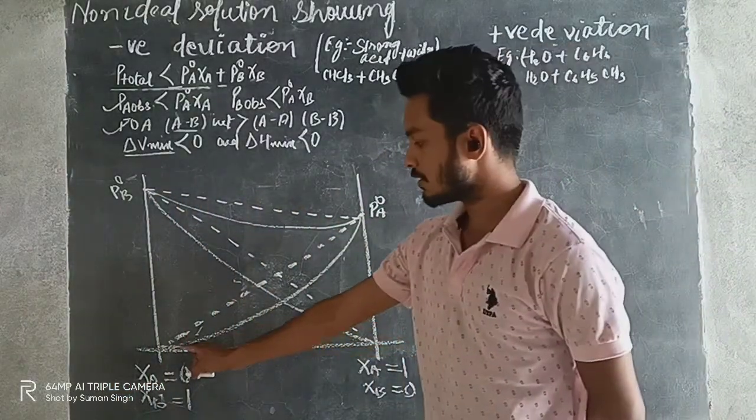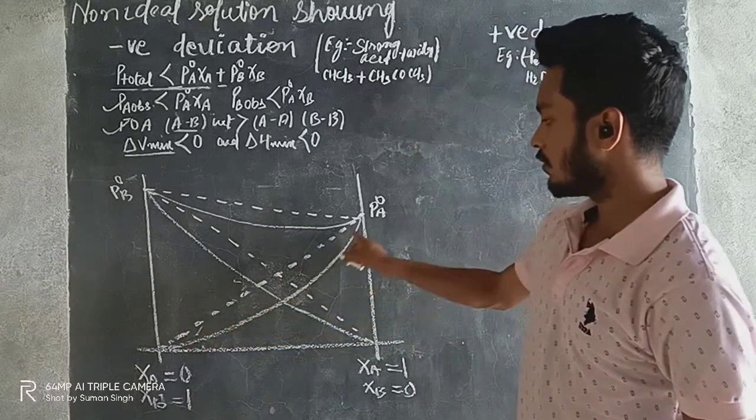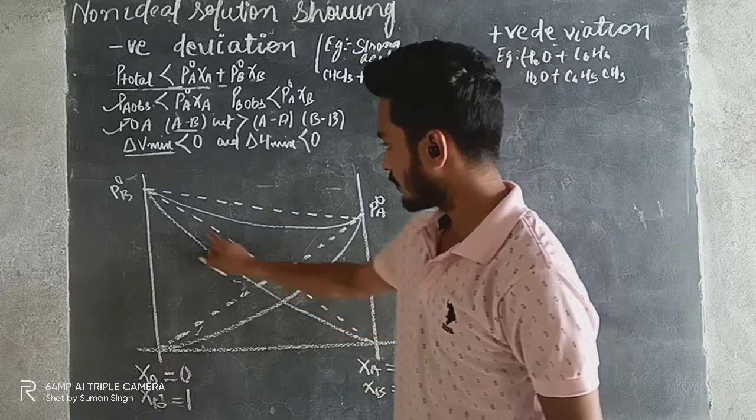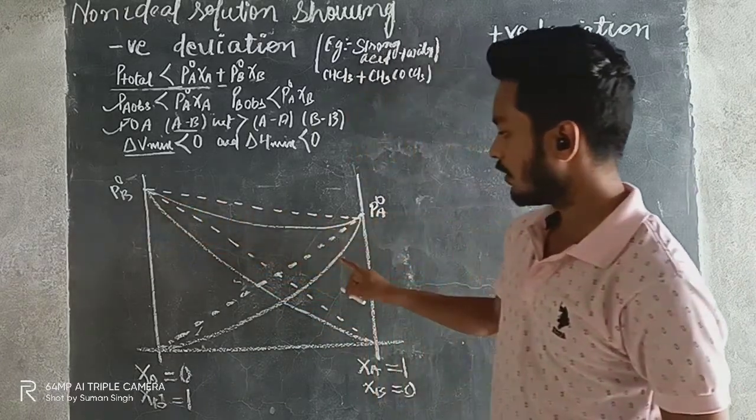Everything has decreased. You just see, this was the graph of P naught A, this was the graph of P naught B, and this is the P total. Now everything has decreased here.